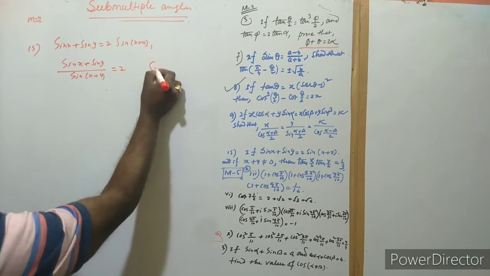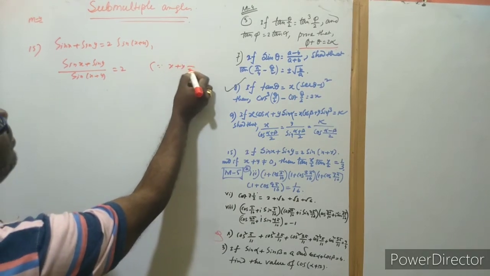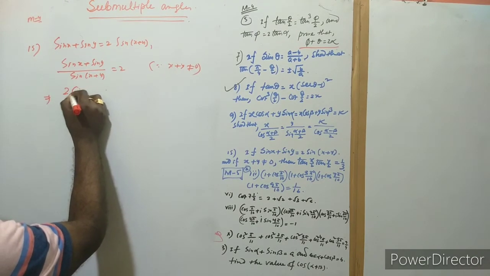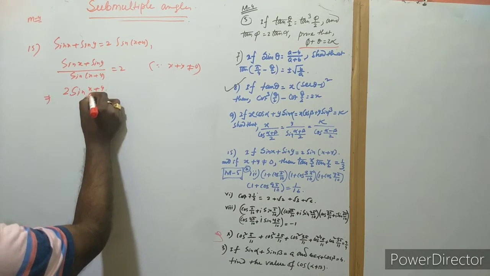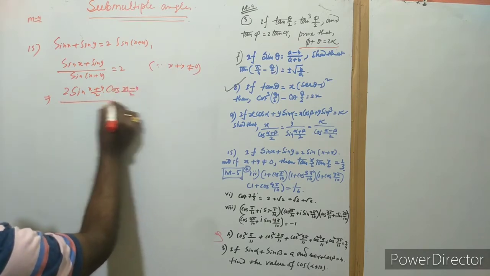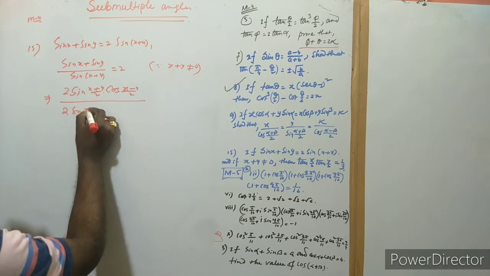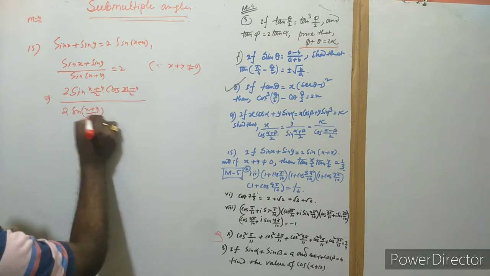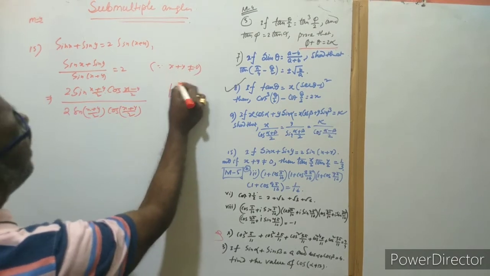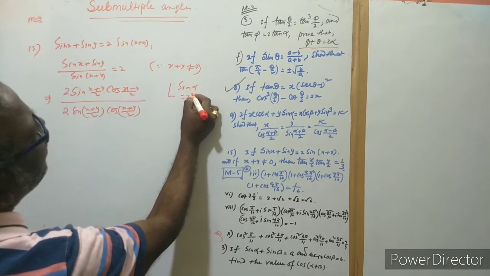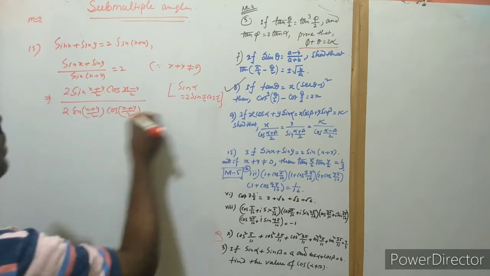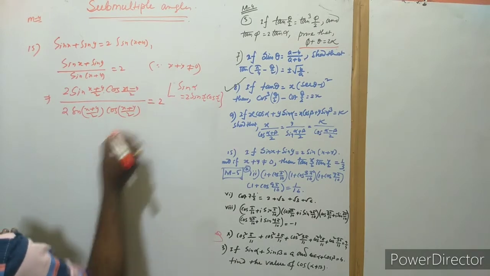Since x plus y is never 0, we can do it like that. 2 sin x plus y by 2 and cos x minus y by 2, and this is sin x plus y by 2 and cos x plus y by 2. Like sin alpha, we can write 2 sin alpha by 2 and cos alpha by 2. So like that we split this question.